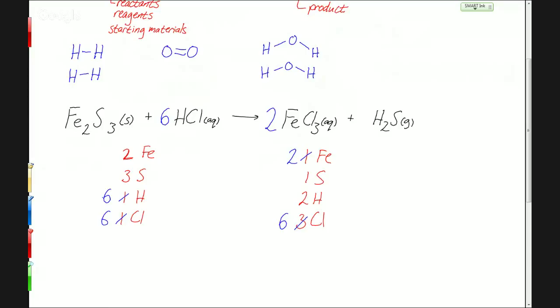All right, so now we changed the H, so let's balance the H's. We've got 6 on the left and 2 on the right. How do we make 6 on the right so that they're balanced? How can we get 6 H's on the right?